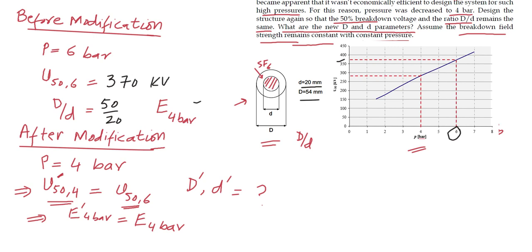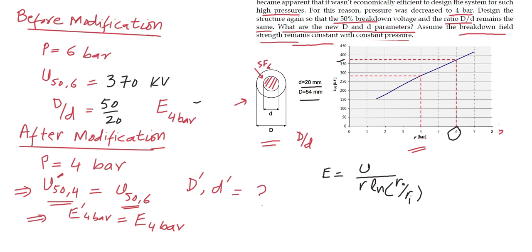Remember the formula we studied when we discussed cylindrical insulation: E is equal to U over r ln of Ro over Ri.